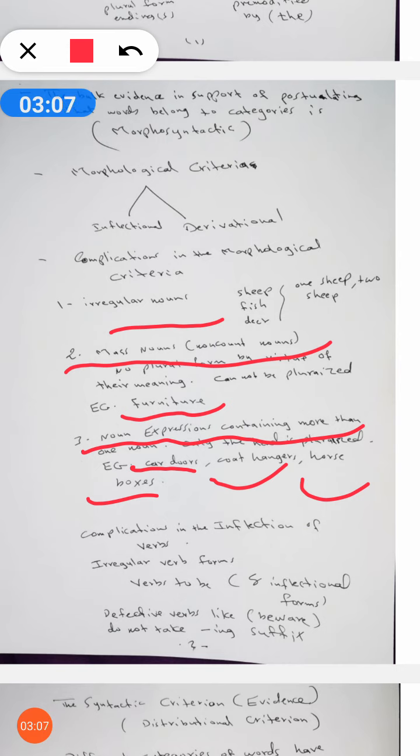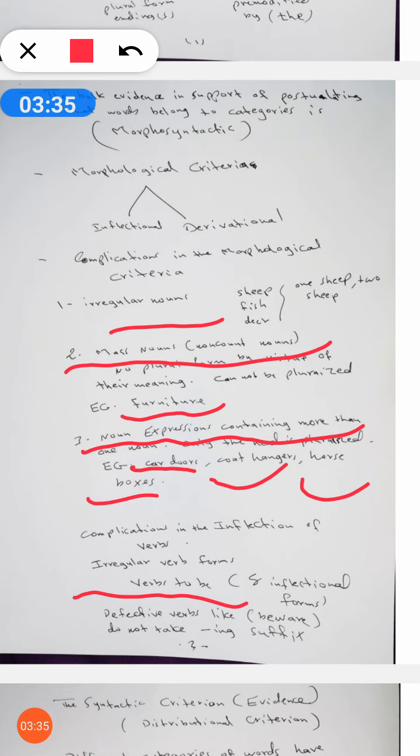And the number of inflected forms are also different. For example, verb to be in general has 8 inflectional forms. Be, this is the base or the infinitive, and then am, is, are, the present, was, were in the past, and then we have being, the ing, and been.